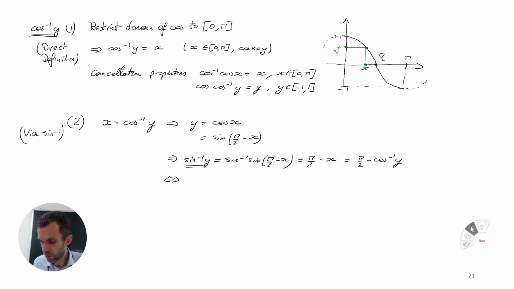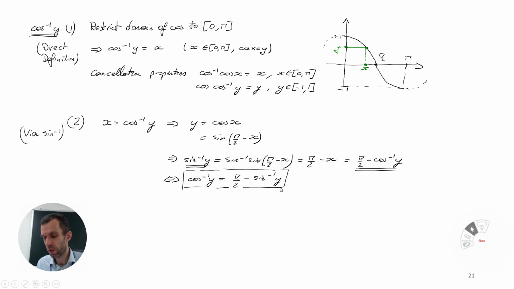And if we clean this up a bit and look at what we have on the left and on the right, we get that cosine inverse of y is equal to pi over 2 minus sine inverse of y. This is also a useful relation to keep in mind, and it basically says that these two functions differ by pi over 2.